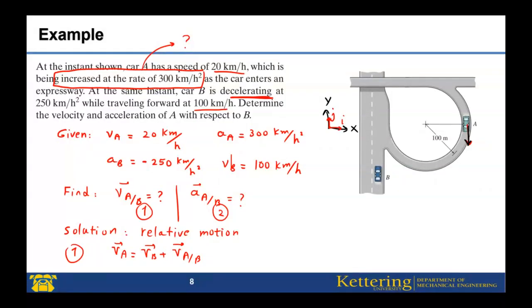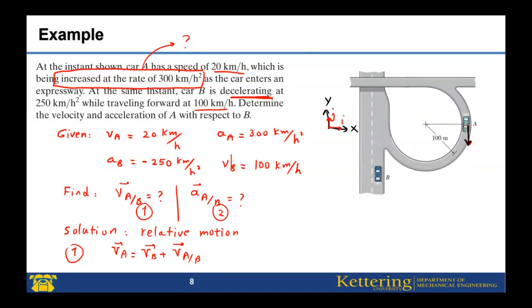I want to write the velocity of A in vector form. Can you say what the velocity of A is in vector form? Negative 20j, correct.